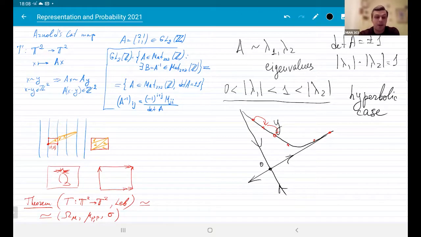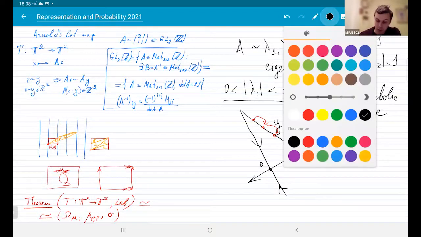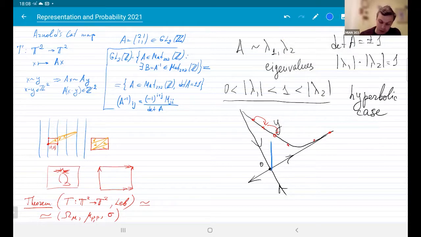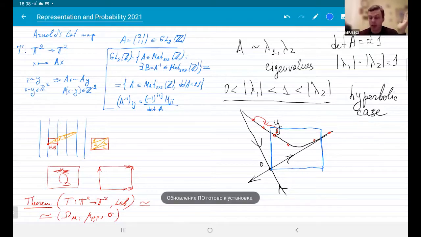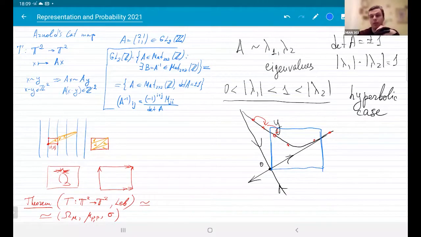And now we can pass to the torus. On the torus, we have quite an interesting situation, because we consider, say, a unit square here, and the dynamics outside should be compressed into this square. So, for example, this line can now be drawn inside this square.